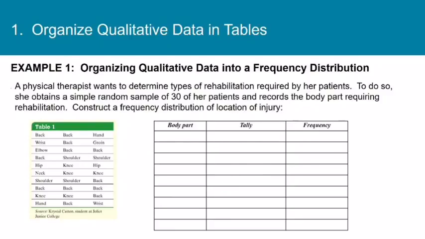So I'm looking at the list here and I see back, and then I'm going down the list. I see wrist, then elbow, hip, neck, shoulder, hand, groin. Okay, so all of these we have in the list, and the order that we put them in is not important.